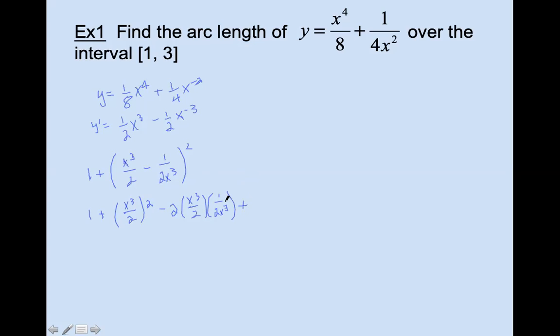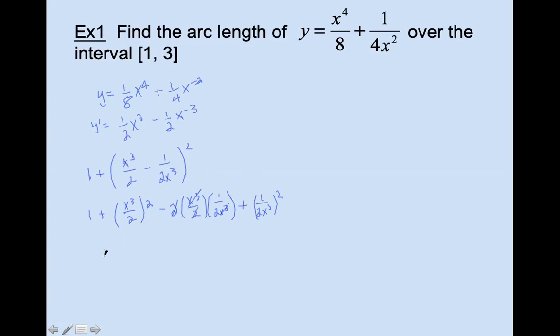And when I square this negative, it's going to end up being a positive. So I'm going to go ahead and just write it as 1 over 2x cubed squared. All right, so I can do some simplifying here. These 2's will cancel, x cubes will cancel here.